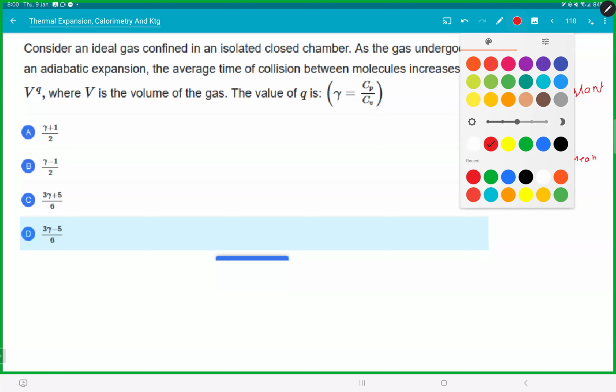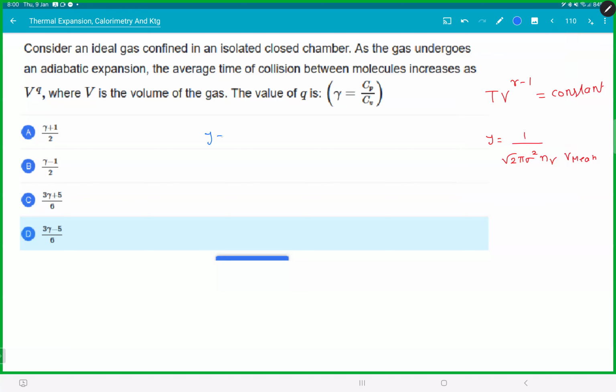Let me show you. So what is NV? Number of molecules by volume. What is v mean? Root of 8RT by pi m. So tau is proportional to volume going up, divided by root T. So tau is proportional to V by root T. But T is what?